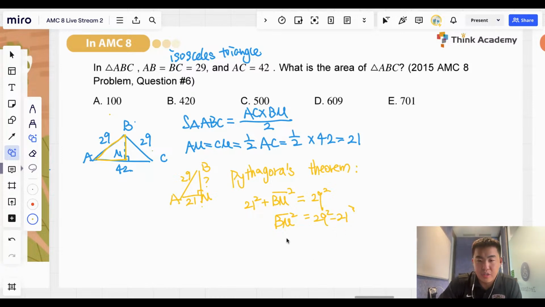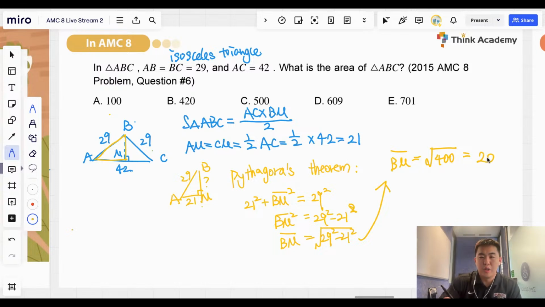So that should give you BM equals the square root of 29 squared minus 21 squared. Then BM will be the square root of 400, which is 20. So now we know BM is 20.